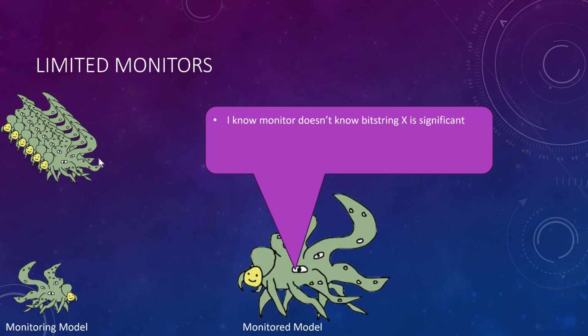And you could imagine that the monitoring model was explicitly not trained on this. So the monitored model is able to access this through in-context learning or something like that. So it knows this GUID, but the monitoring model does not. And it also knows that all the other AIs it wishes to communicate with also know X, and they know that the monitoring model doesn't know X.